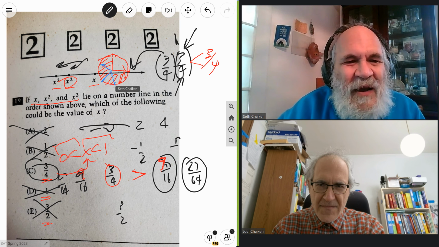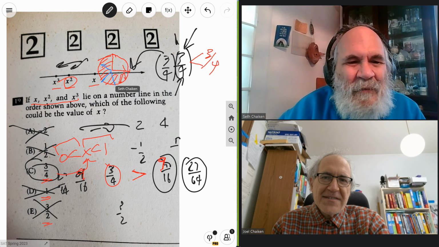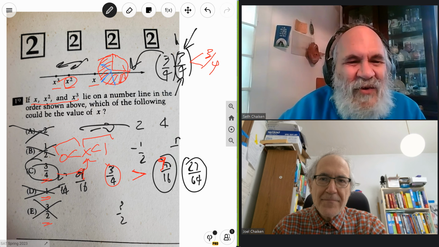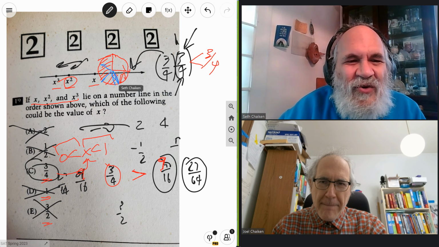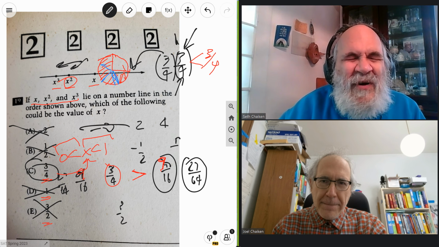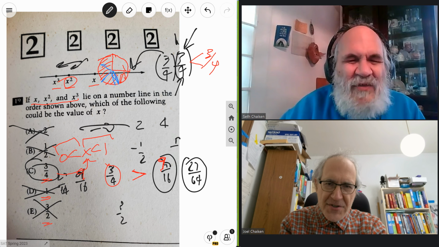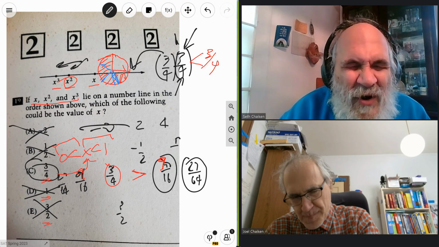That's about a quarter of the pie, about a quarter of the 3/4. Each of these is a quarter of the red region, and the red region is 3/4 of the pie.